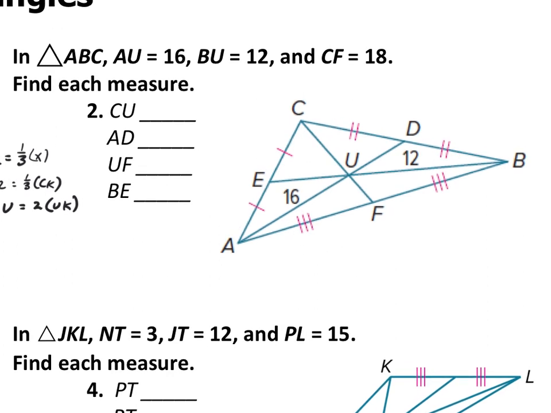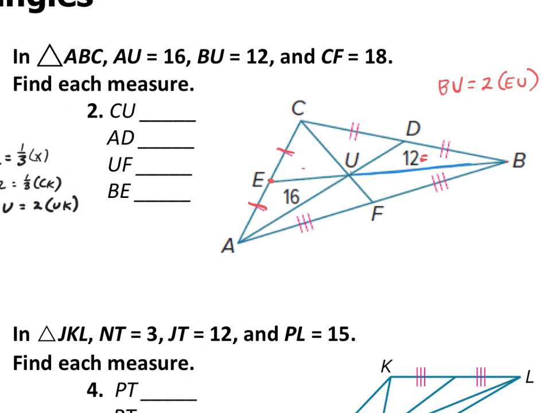Looking at number 2, if I look at this UB, if these are medians, it's a median because the side has been bisected at the midpoint E. I know that BU is equal to 2 times EU, because that is from the vertex to the centroid.